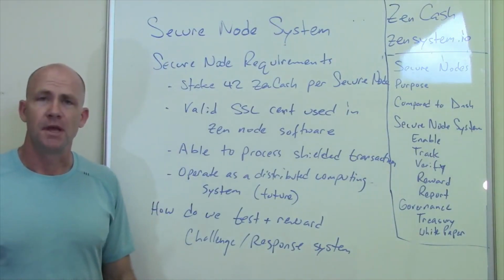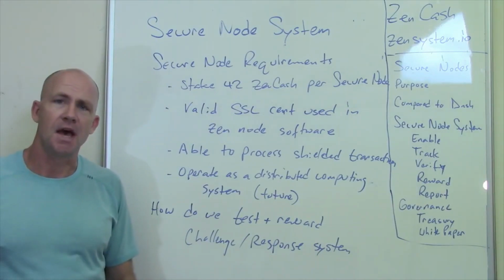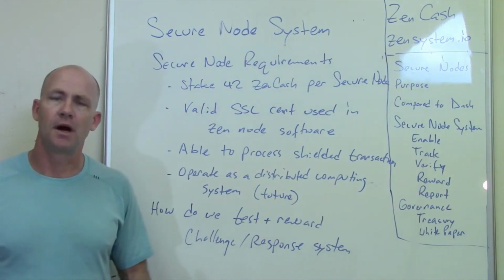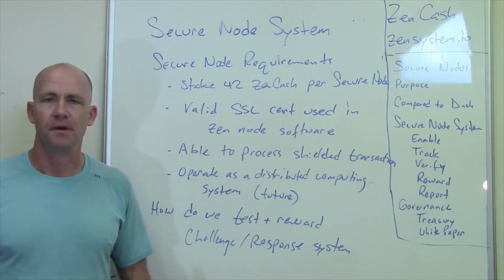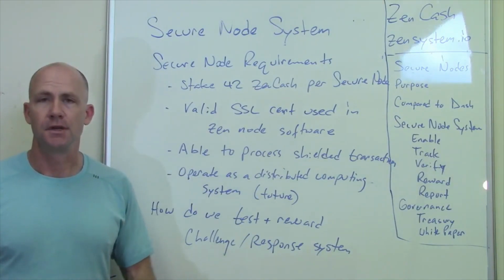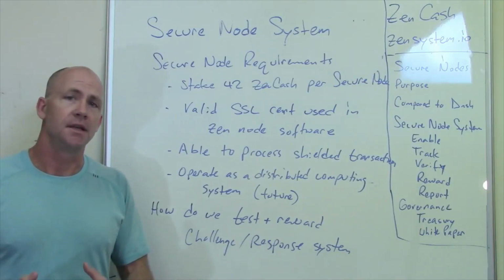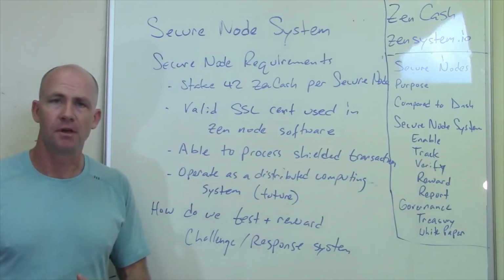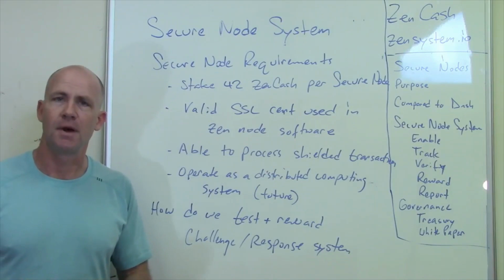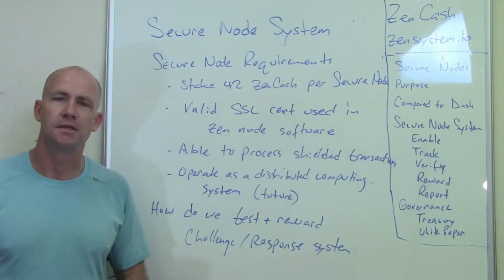Have your system be able to process shielded transactions. Now this is where it requires the system to have a little bit of computing power. A shielded transaction, a Z transaction as it were, takes at least 3.2 gigs of memory, and a decently powerful processor takes about a minute to create the transaction.